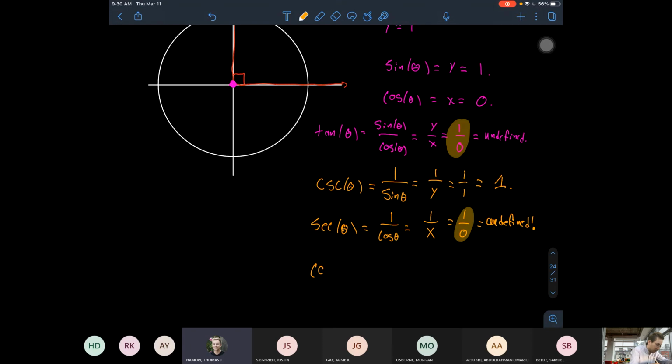Okay, and finally we have cotangent of theta. And one might imagine, well, we already know tangent theta doesn't even exist, so maybe this one's just undefined. What do we think? Do we agree or disagree?